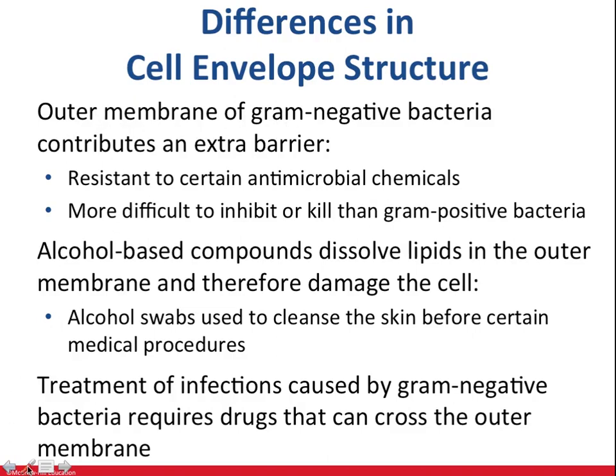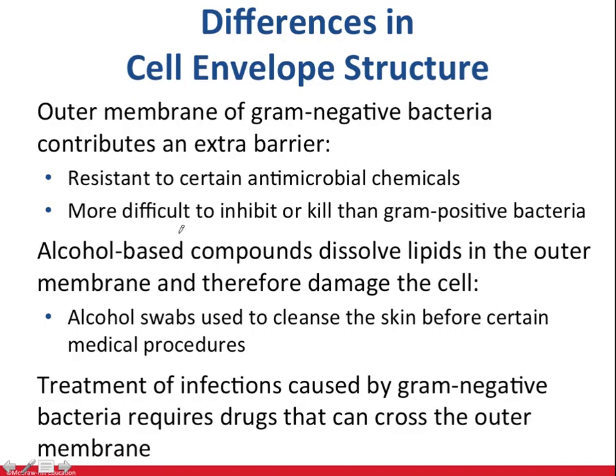This material is also a lipopolysaccharide. Since it is made of lipid, it's like a wax. It can prevent certain medications from killing the bacteria. It doesn't allow the medication to get in, so the medication cannot kill the cells.